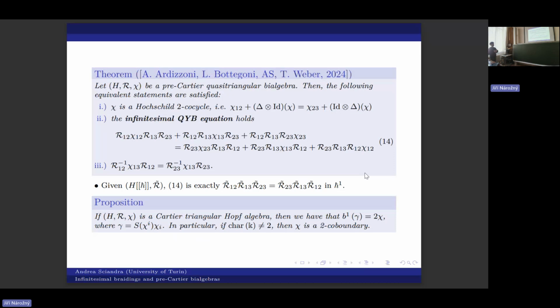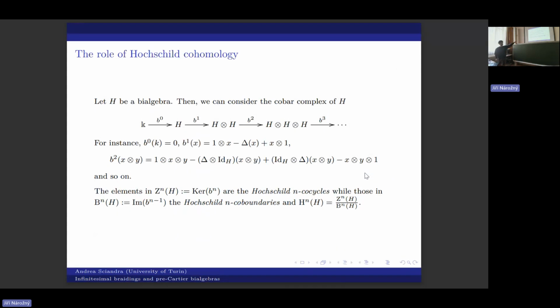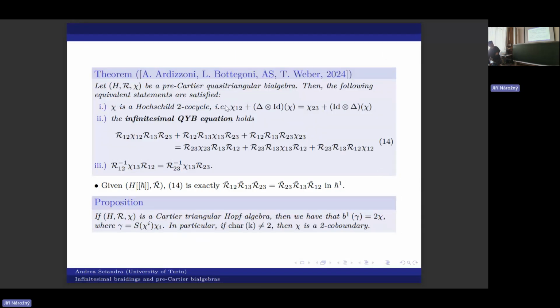Our chi is always a Hochschild 2-cocycle, and what does this mean? It means that it is in the kernel of B2. If you put chi here, you have one tensor chi minus delta tensor identity of chi plus identity tensor delta of chi minus chi tensor 1 equals 0. That is exactly this condition here. So our chi is always a Hochschild 2-cocycle.